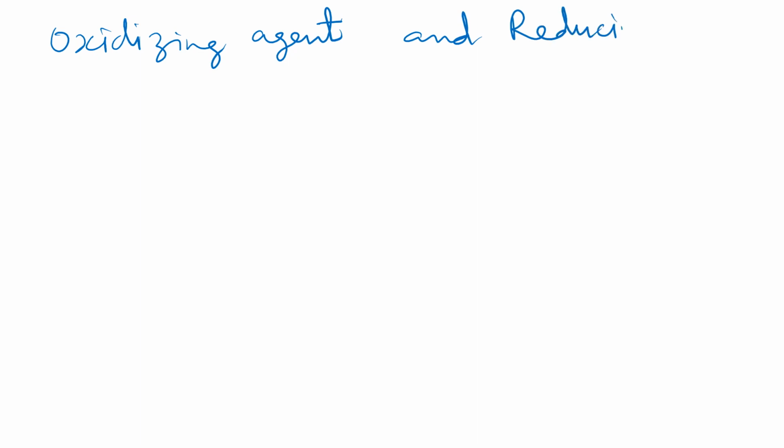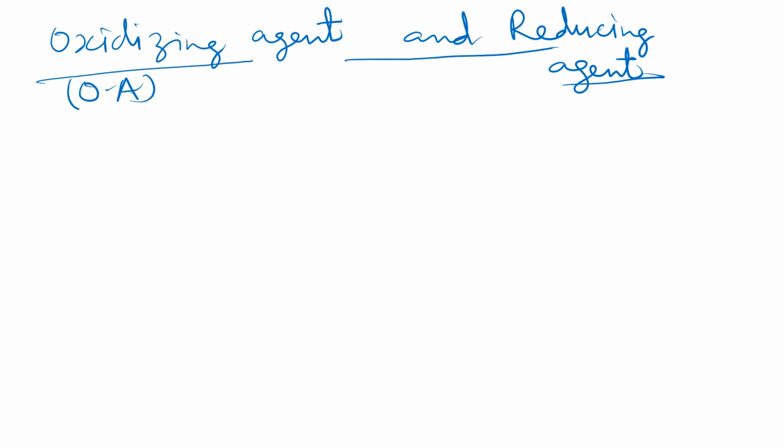Now there are two new terms we are going to introduce. First is oxidizing agent and reducing agent, OA and RA.